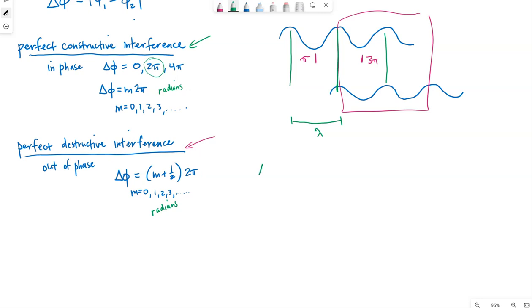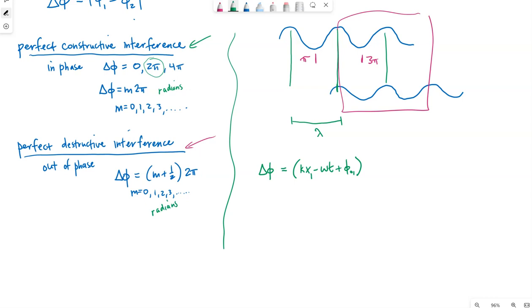So delta phi, in general, that's for constructive or destructive. This means I'm taking kx minus omega t plus phi naught for one wave. So I'm going to put a subscript of 1 on the x and the phi.